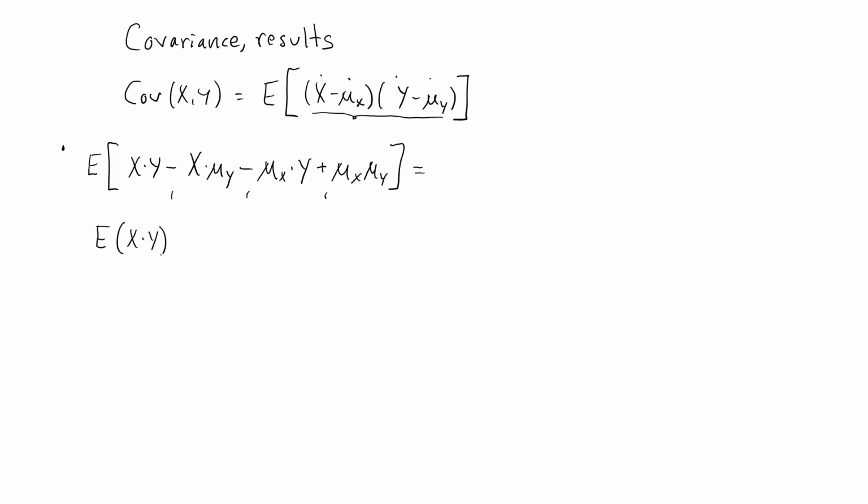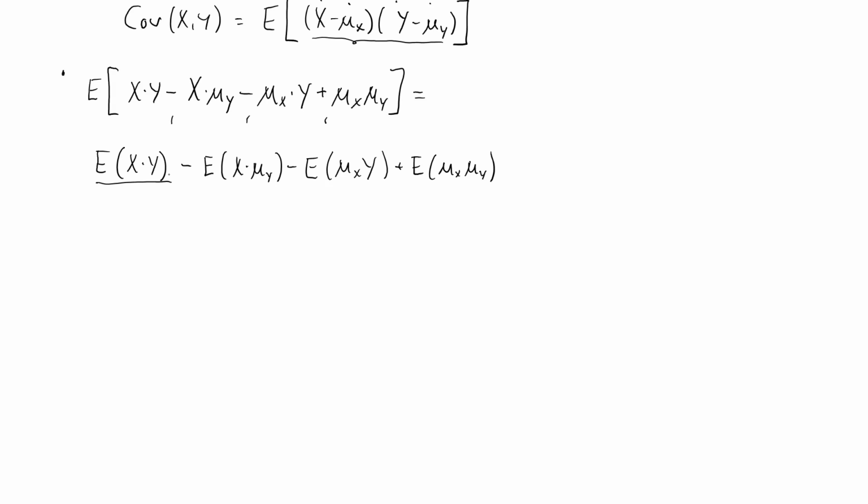So it's E[XY] minus E[X mu_Y] minus E[mu_X Y] plus E[mu_X mu_Y]. This first term I can't do anything with. I cannot move the expectation operator inside unless I know that they're independent. So we'll just write E[XY].